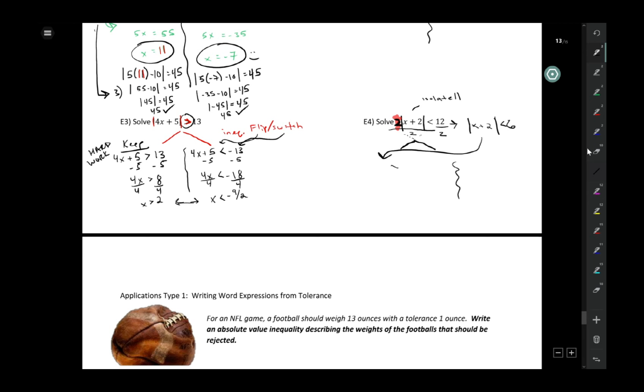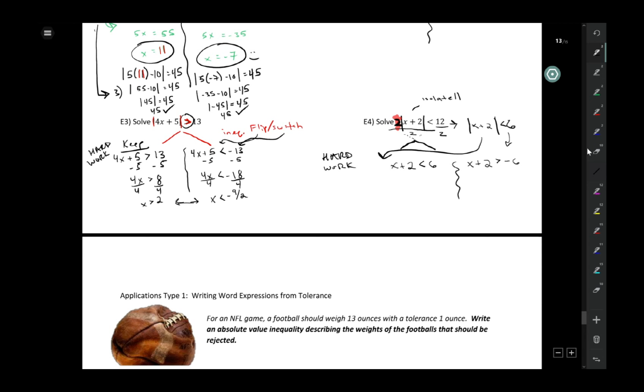Okay, x plus 2 is less than 6. And x plus 2 is, we're going to flip. Boop, boop. And we're going to switch. Skidoo. Flip switch. Flip switch. Isolate. Okay, that is your hard work.